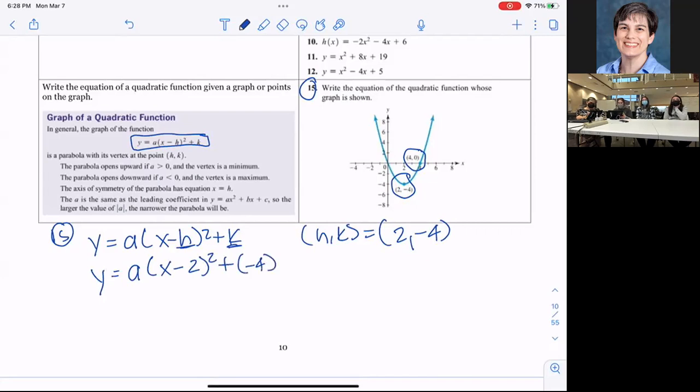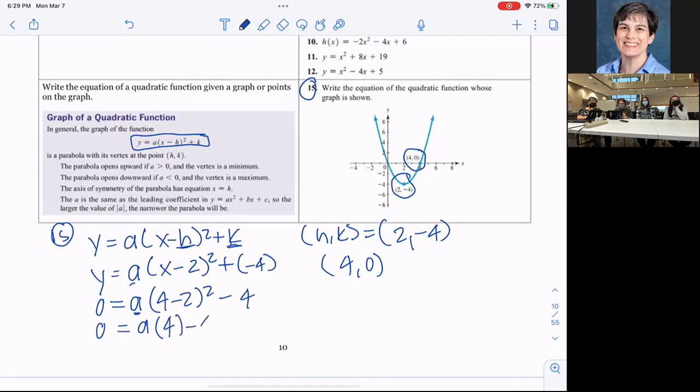And then we're going to plug in this other point that we're given, this 4 comma 0, to find this a value. So if we're using 4 comma 0, then we're going to plug in 0 for the y. We're trying to find this a value, and then that x value is going to be a 4. And then we're going to solve for that a value. So we're going to get 0 equals a times, and 4 minus 2 is 2, 2 squared is 4.